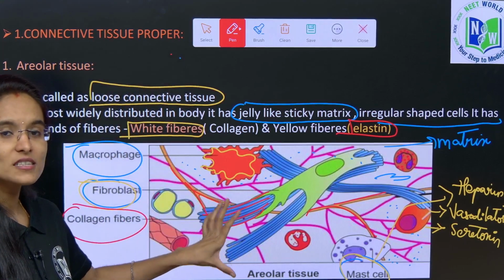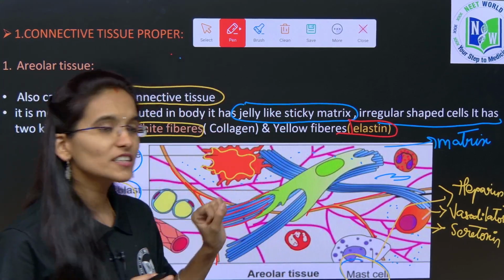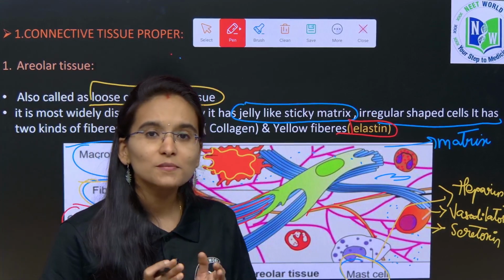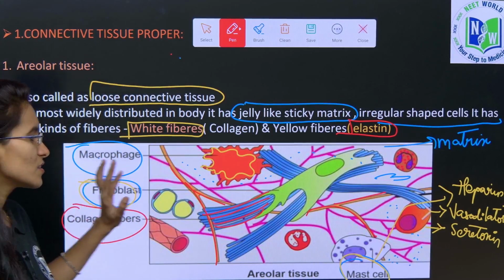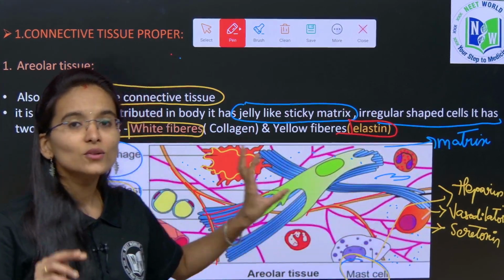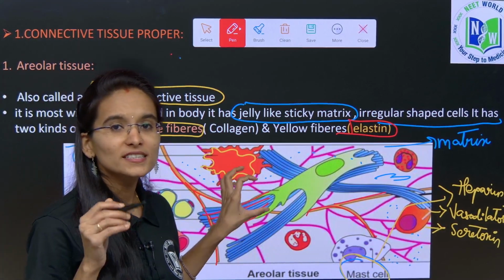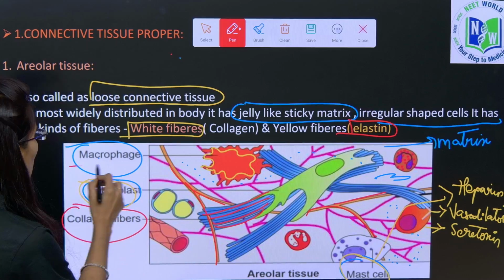Clear with the concept? The areolar tissue is going to contain different types of cells like macrophages, fibroblasts, collagen fibers and mast cells. The most important cells present in the areolar tissue are macrophages.